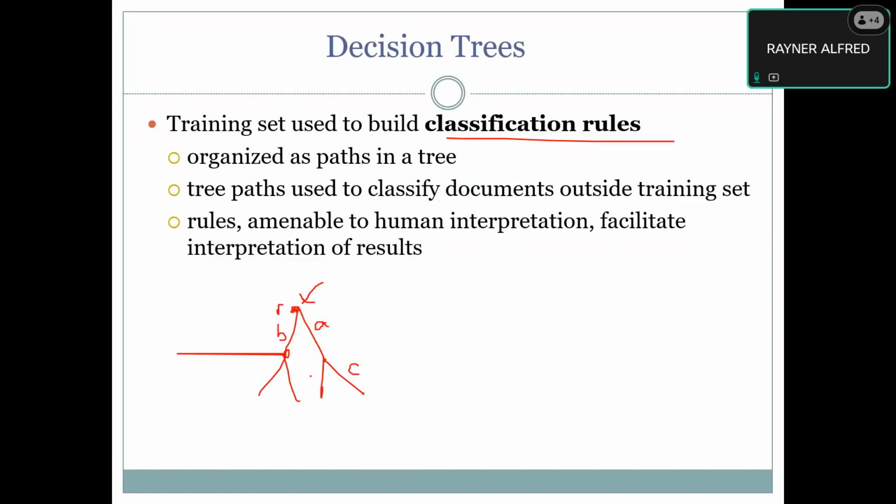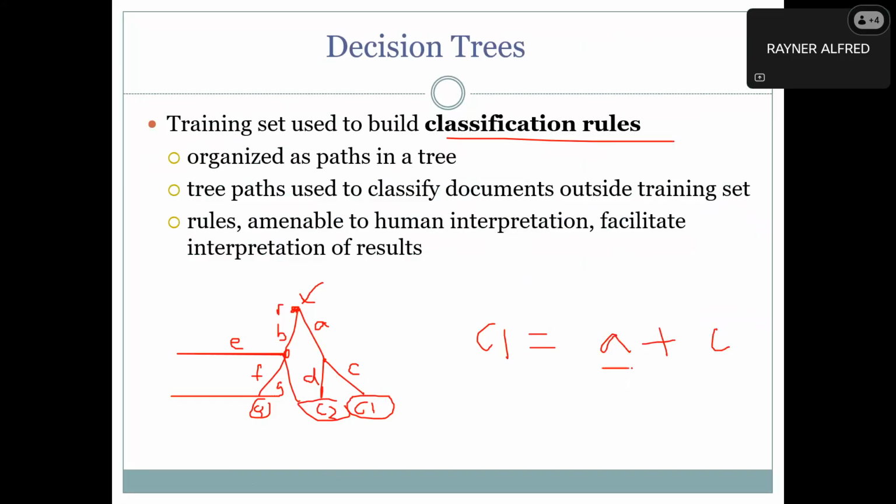Then if C, you go here, D, you go here, over here maybe E, F, G. At the end here is the class label that we have. This is your class label. So for class label 1, you should have A plus B, A plus C, meaning a document consisting of A and C. For class 2, you should have a document containing A and D. Okay, so that's the idea here.